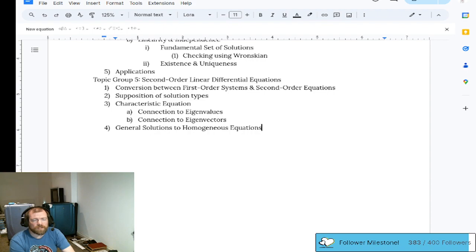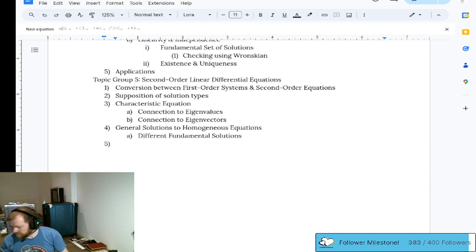Yeah, stop doing that. All right. So we want general solutions to homogeneous equations, which are going to give us all the different various types that we're going to get. Different fundamental solutions, which are going to be not only the types.